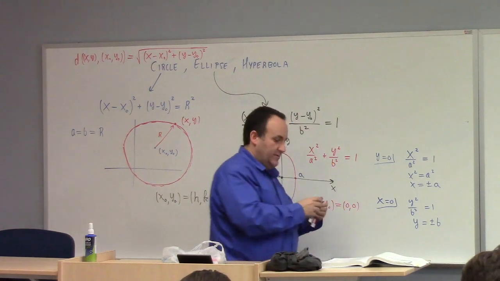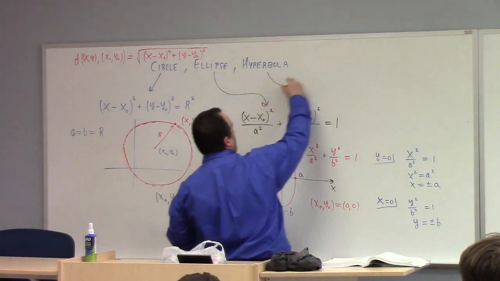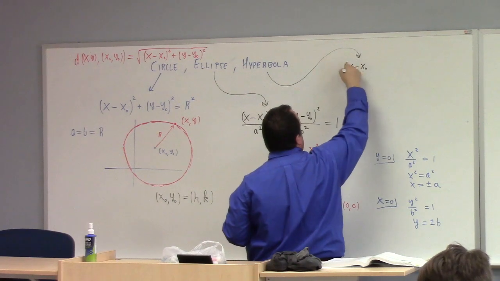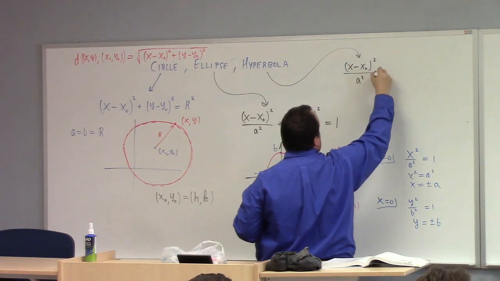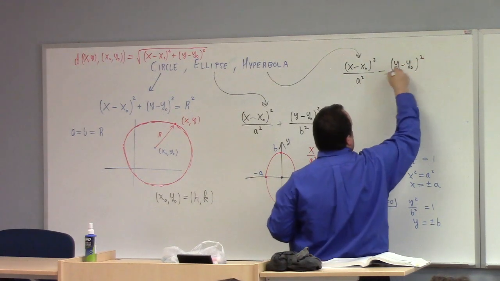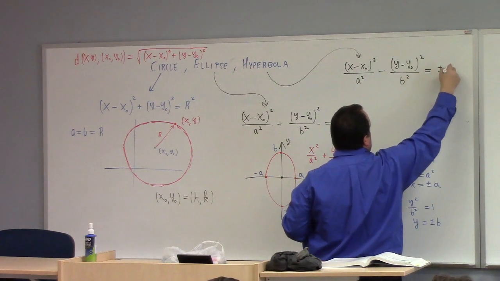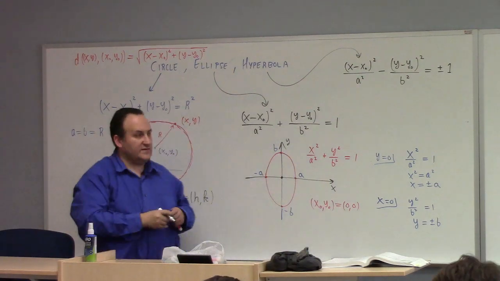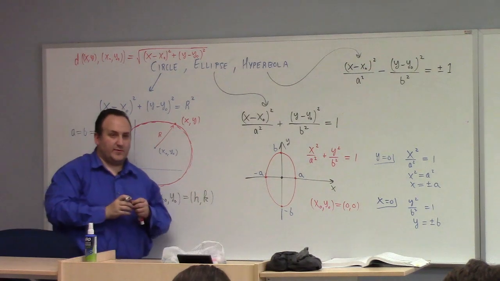All right. So what's next? Well, hyperbola. A hyperbola looks something like this: x minus x naught squared over a squared minus y minus y naught squared over b squared equals, let's say, plus or minus 1. If this is the pattern of the formula, then what you're looking at is what's known as a hyperbola.